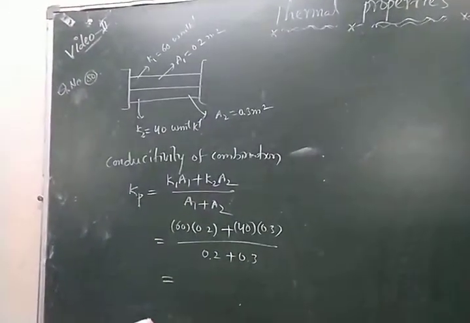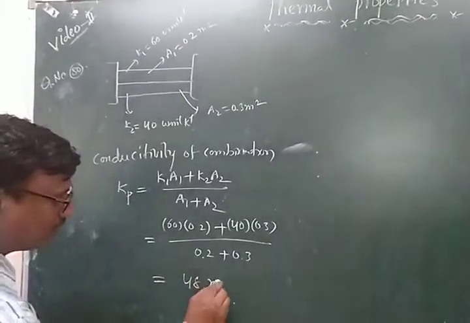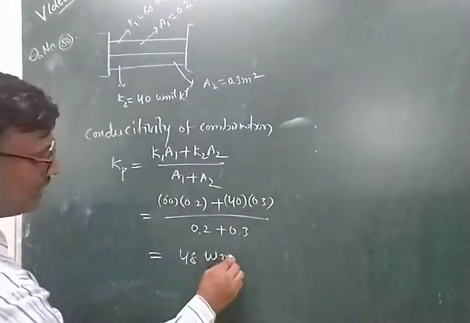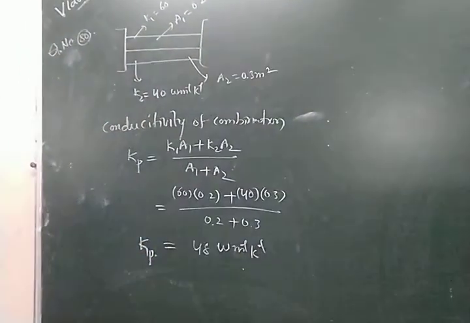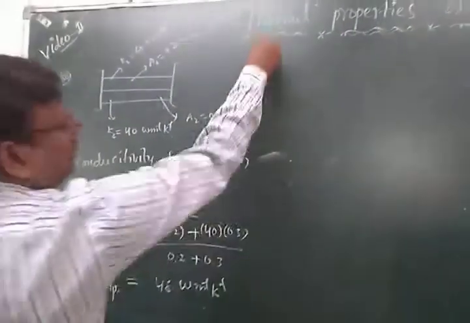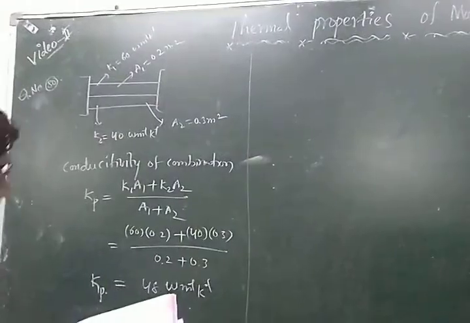On calculation we get 48 watt per meter per Kelvin. This is the conductivity when connected in parallel. So next, question number 86.